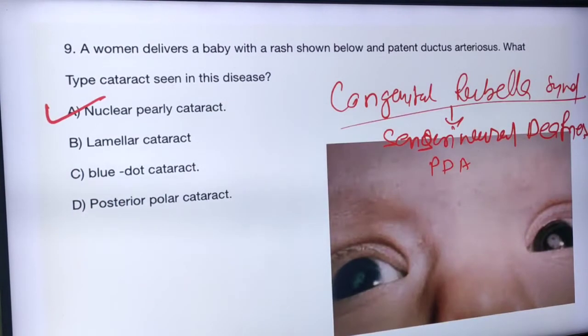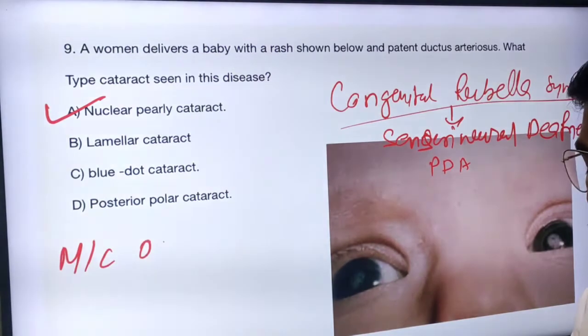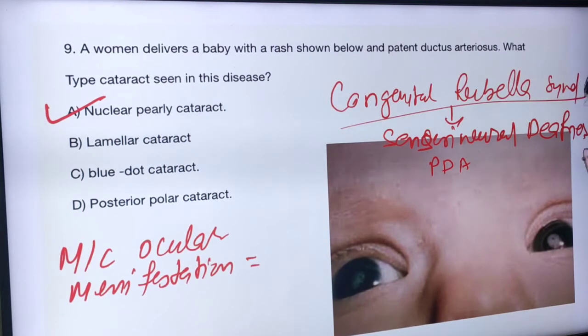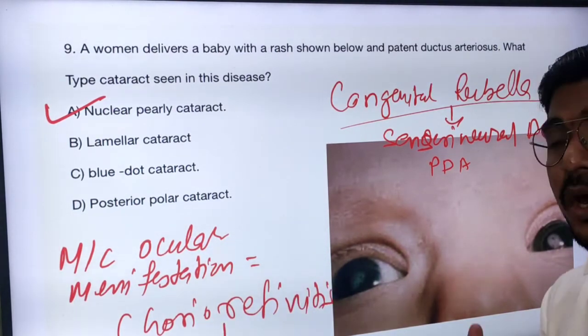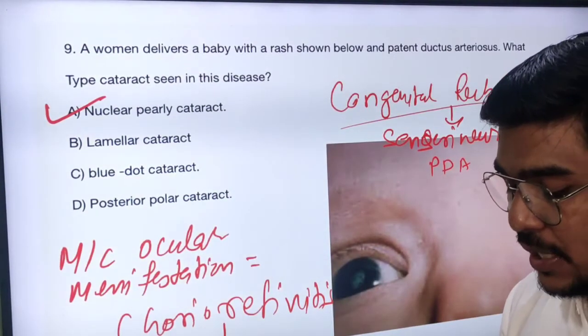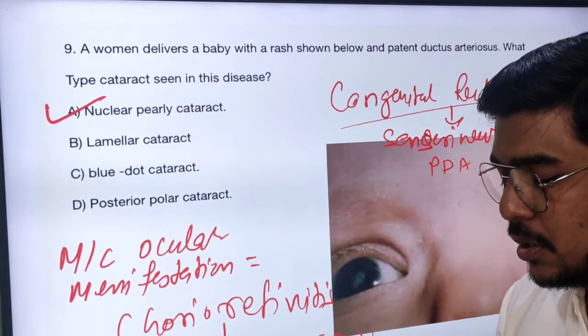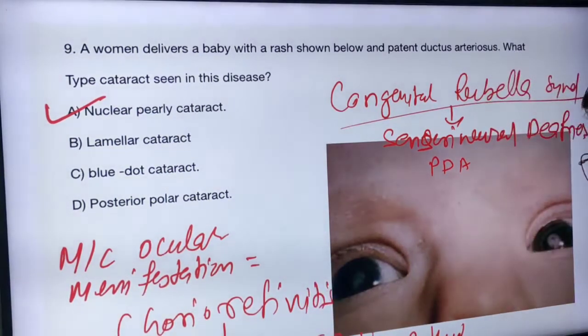Now, if somebody asks the most common ocular manifestation, then you have to write chorioretinitis, not cataract. And in the chorioretinitis, if they ask you the peculiar feature, it's the salt and pepper retinopathy. This is very important.